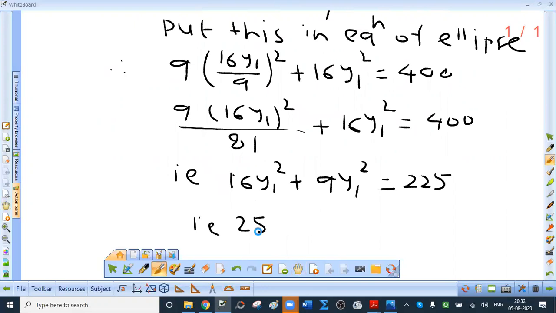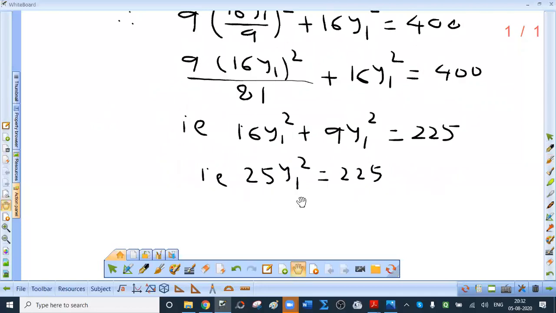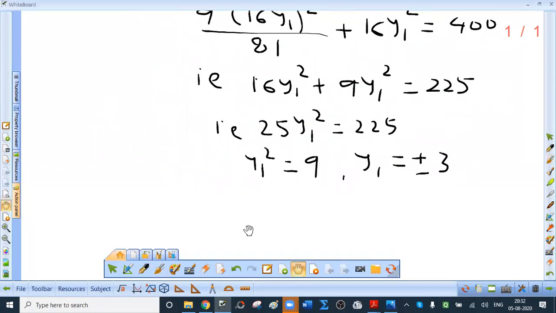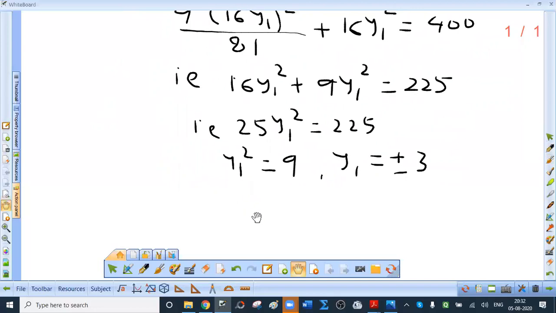So what is difficult? Solving equations. 25 y1 square is nothing but 225. So y1 square is 9. See, these are the coordinates of the points, so we have to consider both plus and minus. So y1 is plus minus 3.